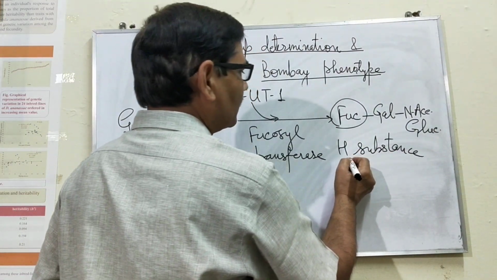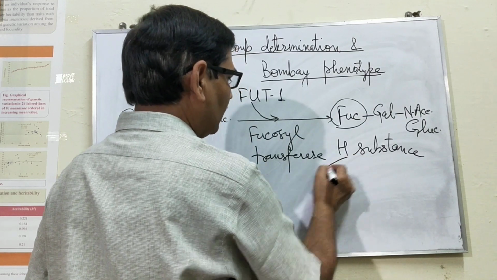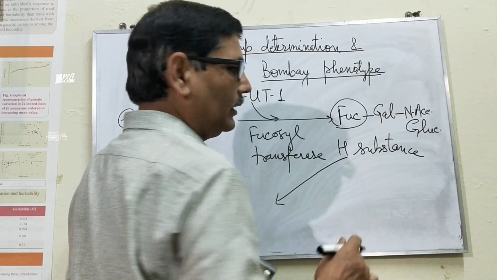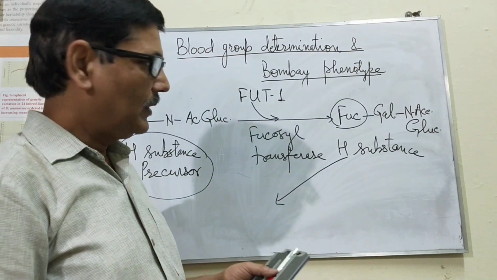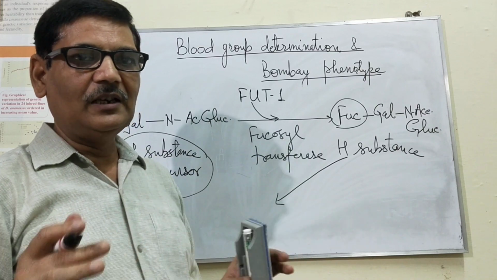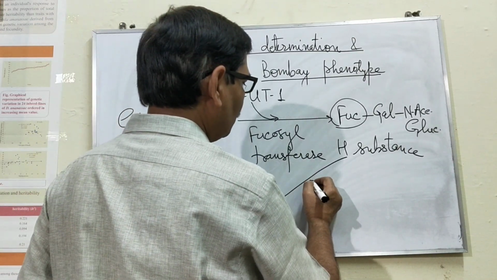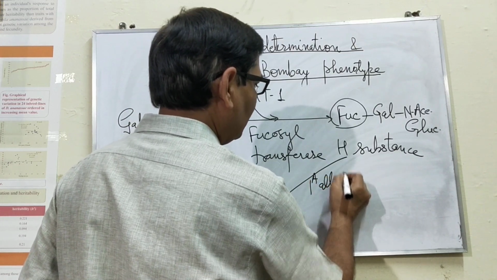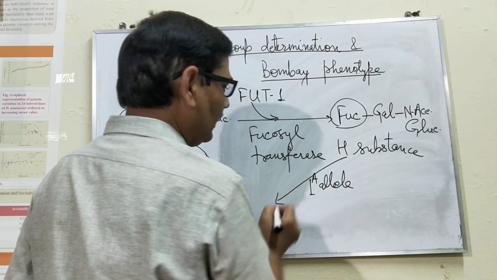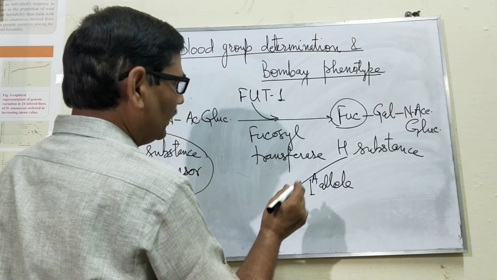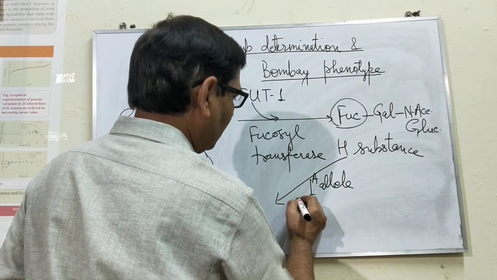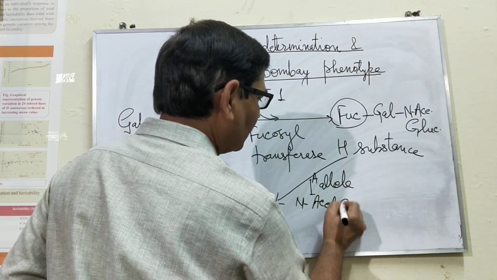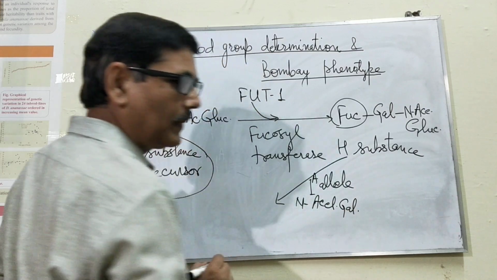Now, this H substance is added with the galactose or N-acetyl galactosamine in the presence of a specific allele. So, if there is an individual who possesses IA allele, then this IA allele helps the addition of N-acetyl galactosamine.